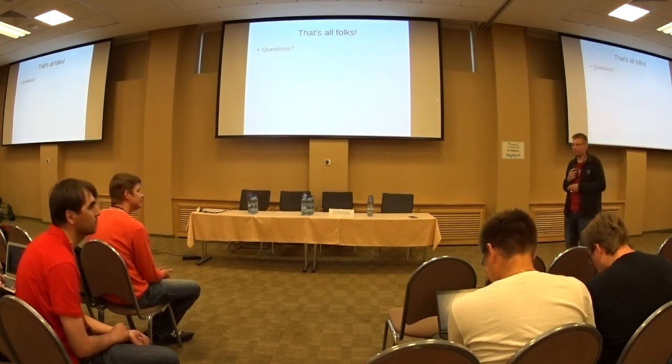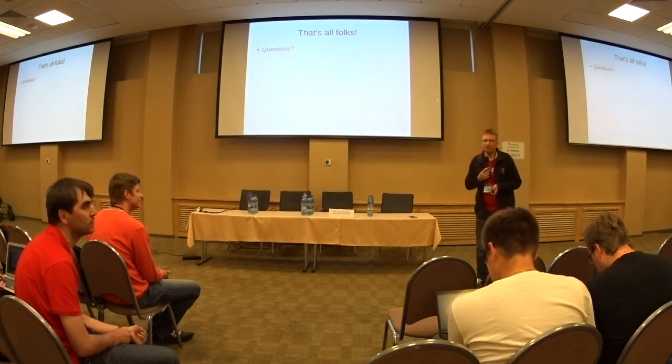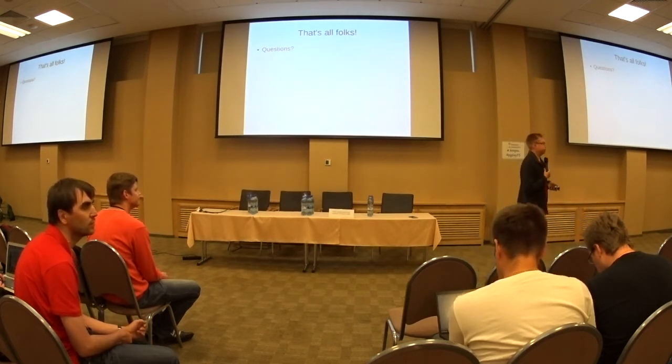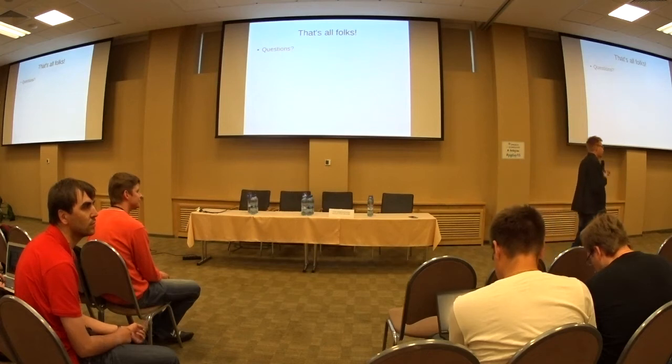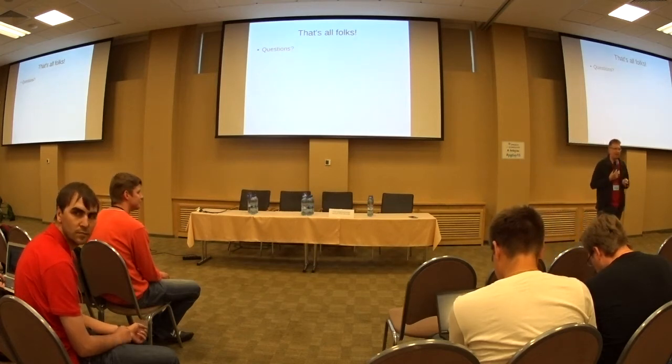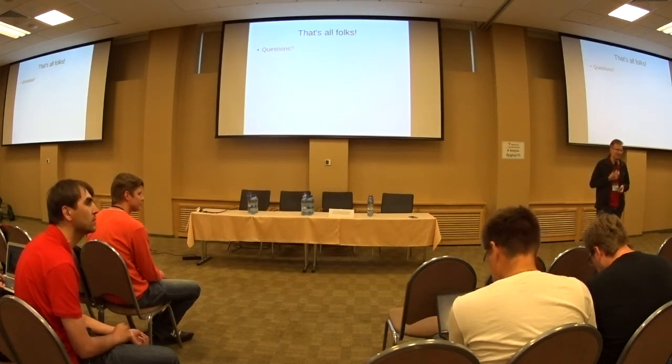So the question is what problem you can have if you turn off full page writes. The problem is known as the torn page problem. It basically means that if you crash, you might have a corrupt database.